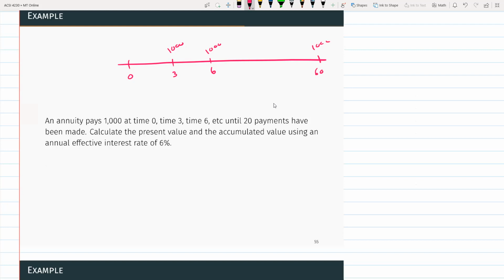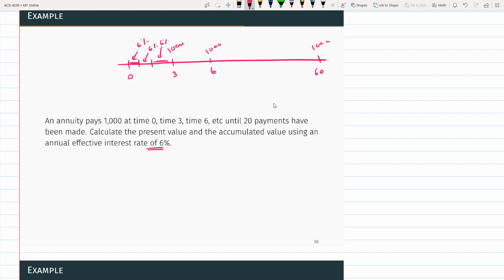Annual effective rate of 6%. So that means for a given time, if you divide this into the 3 time slots, per period it's 6%. Per effective time period, this one is 6%, this one is 6%.